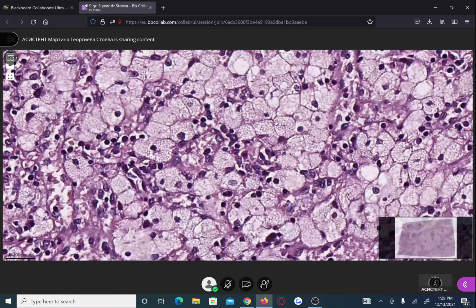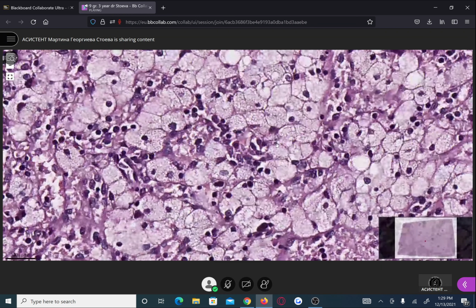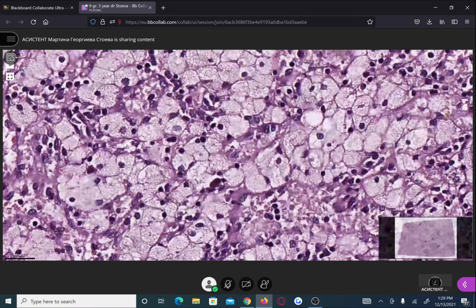So they deposit because of the lack of an enzyme. You know that Gaucher disease belongs to the group of storage diseases, and the missing enzyme is glucocerebroside. No, the enzyme is glucocerebrosidase, and the deposited substrate is glucocerebroside. It can't be degraded because of the absent enzyme.